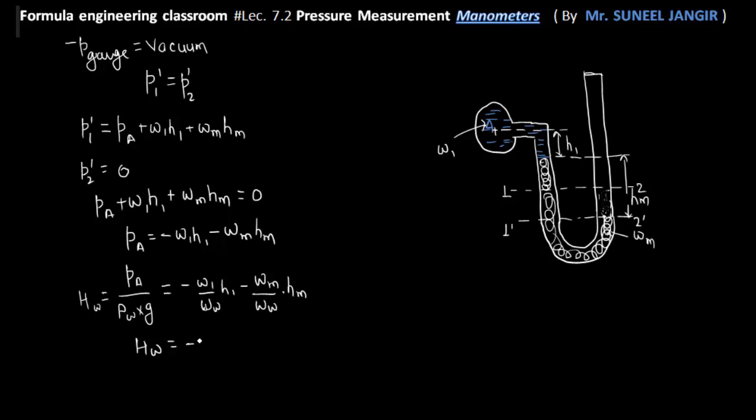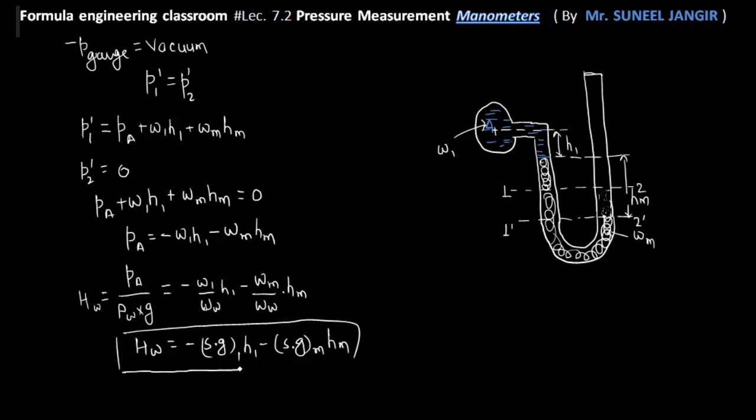So we write minus specific gravity of this unknown fluid into H1, minus the specific gravity of the manometric fluid into HM. So this is how we can convert the Pascal term into meters, or the pressure into head.